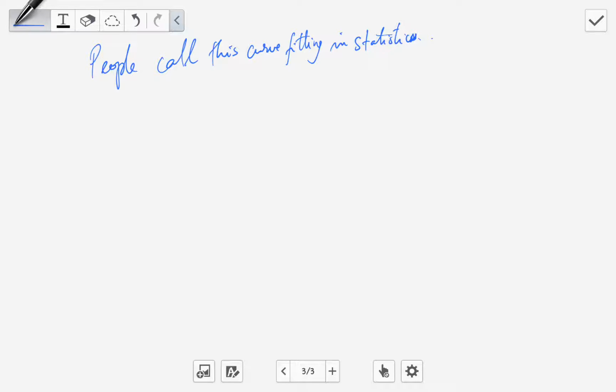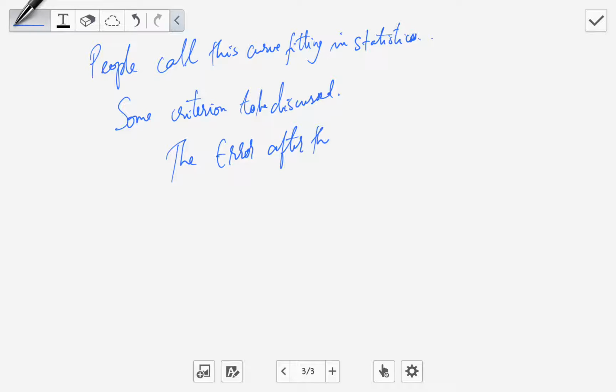But for all this we need some criterion. The criterion is about the error after the curve is fit. Why is this important?